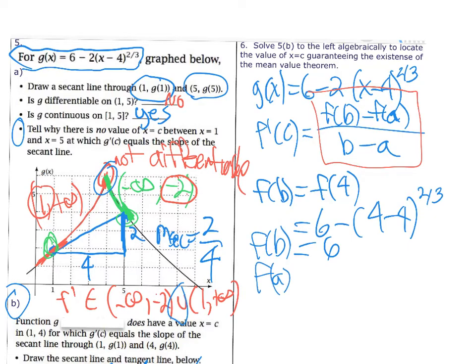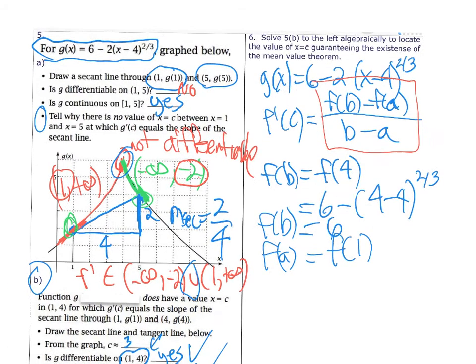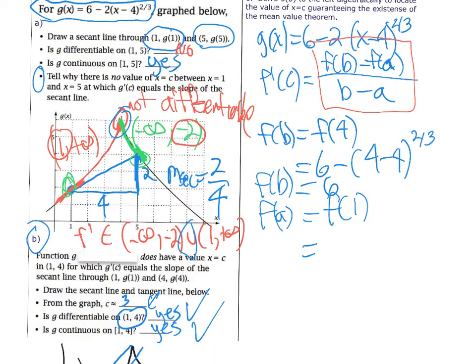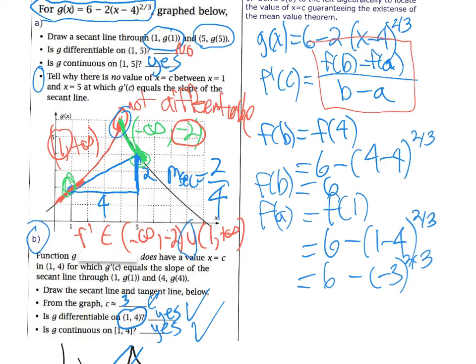f at a equals f at 1, which will become 6 minus 1 minus 4 to the 2 over 3. Okay, so 6 minus negative 3 to the 2 over 3. Well, what is that? And that's a bit of a tricky one.